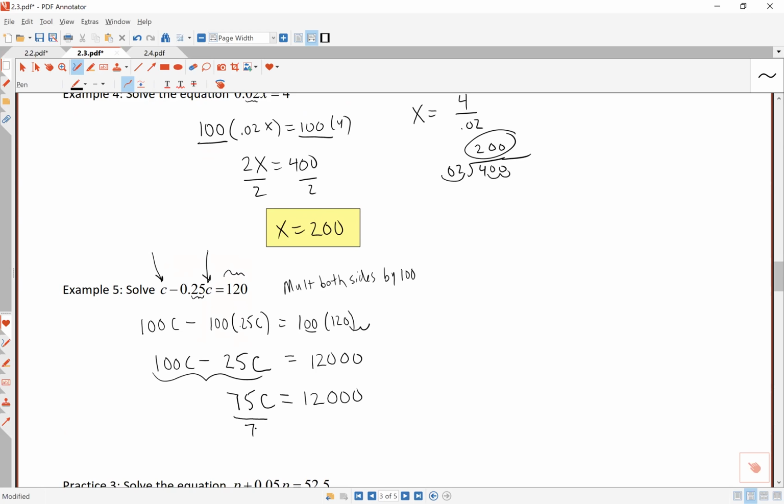Now we divide both sides by 75. And we have C equals 12,000 divided by 75. So we have to do a little long division, and 75 goes into 120 one time.